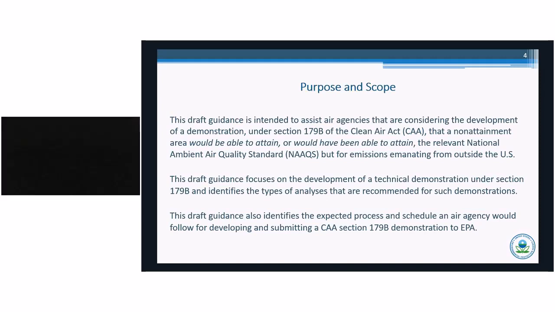In an effort to provide a comprehensive guidance document, we also compiled all the relevant background information, such as statutory provisions and previous regulatory interpretations or requirements from other Clean Air Act programs in the draft.